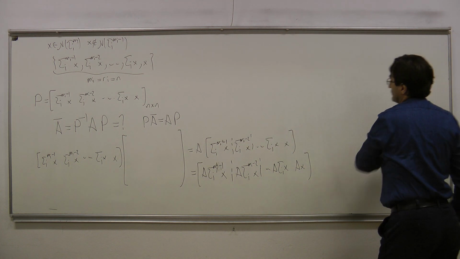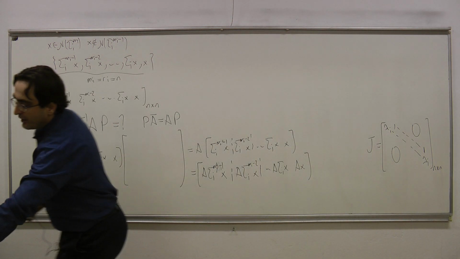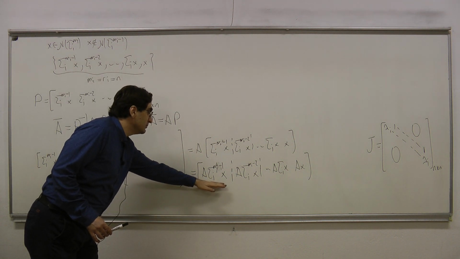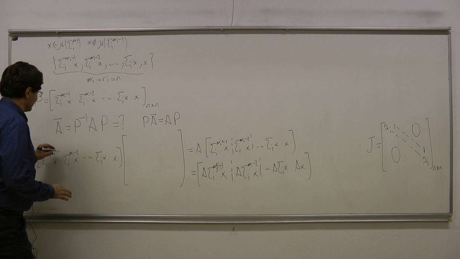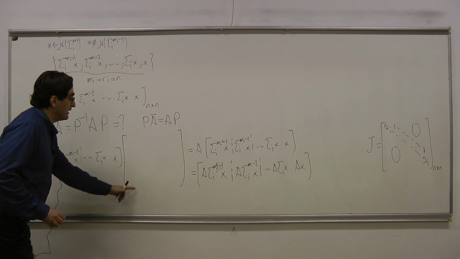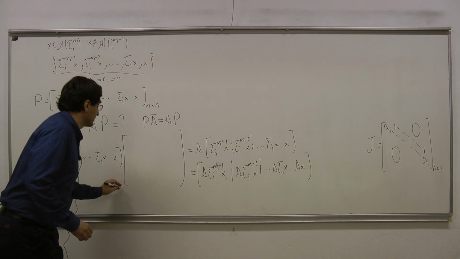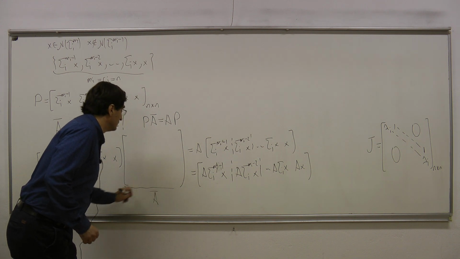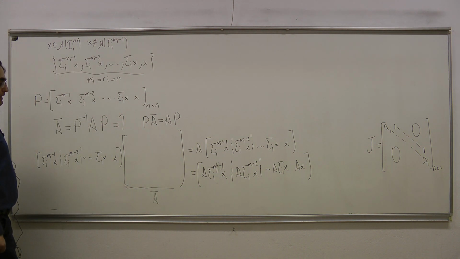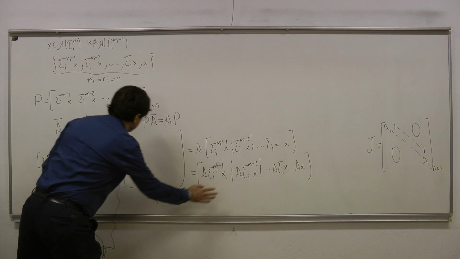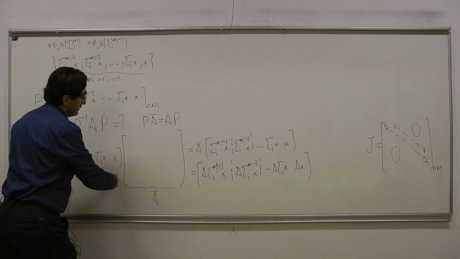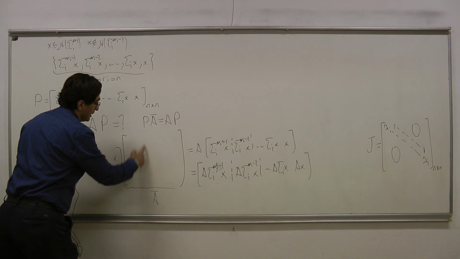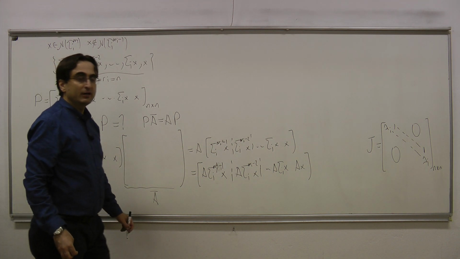So now what do I have to do? I have to express these columns here in terms of the columns of this P matrix here. And then I will write the coefficients as the columns of A bar. Okay? I need to express the columns here as a linear combination of the columns of P again. And the coefficients would form the columns of A bar. All right?